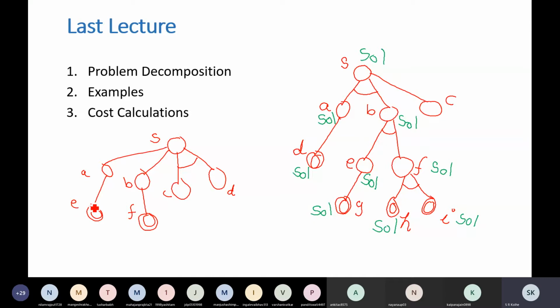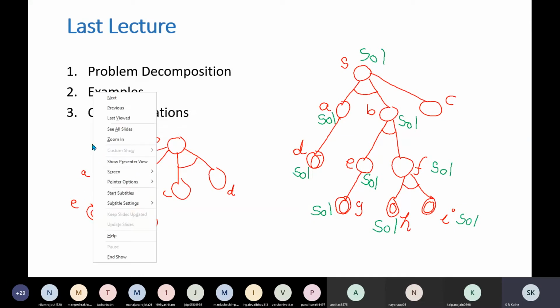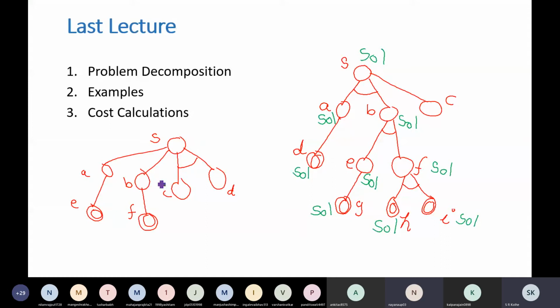Now, how will labeling take place? Tell me. You are at node E. What will be the label of node E? E will be solved. Because of that, what node will become solved? A will become solved.